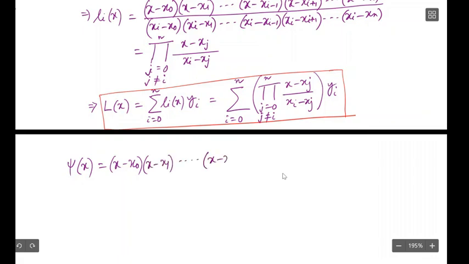It can be written in other ways also. If we choose a polynomial psi x equals to x minus x0, x minus x1, all the terms up to x minus xn, then what is psi dash x?